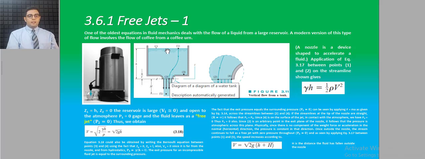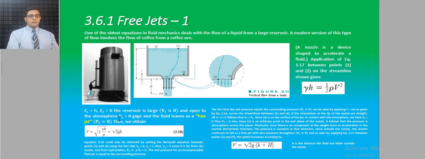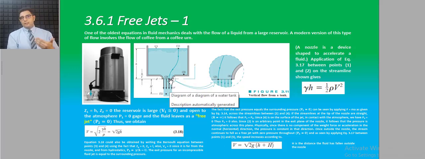The origin is also at point 2, so Z2 is 0 as well as P2 being 0. As the flow is not having any motion at point 1, the velocity at point 1 is 0. As long as P2 is 0, we're having the free jet.